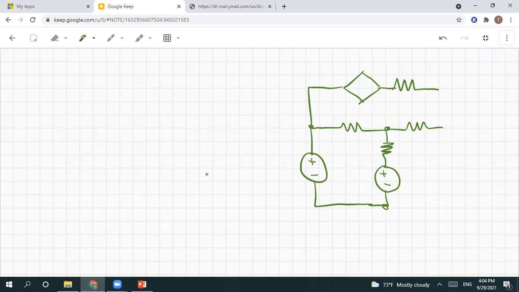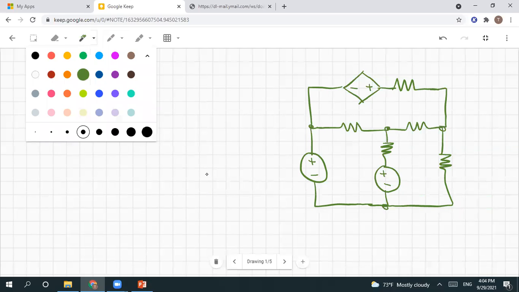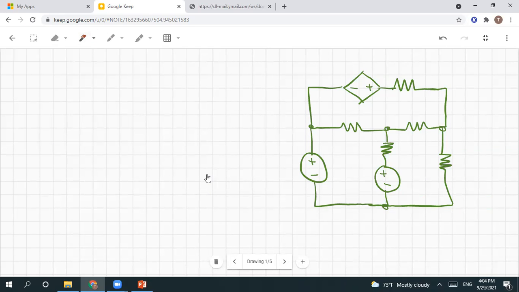And here we have this connection like this, and then we have a resistor. And this voltage source is a plus minus. And now I will give the values. So what do you think? How many meshes do we need? 3. 3, right? Thank you.